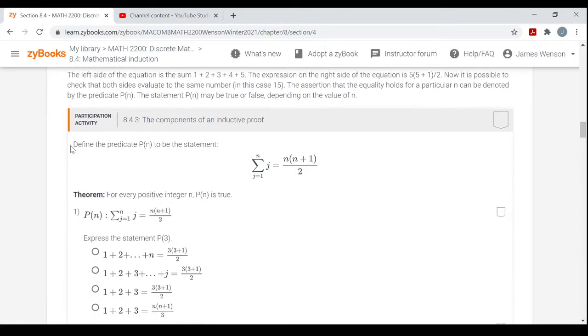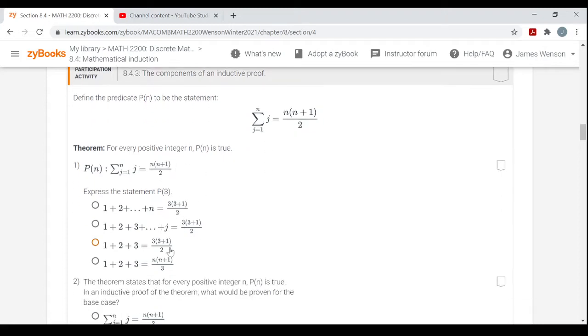All right, so we're defining the predicate P of n to be this statement. The theorem is for every positive integer n, right? So for all integers n greater than or equal to 1, this statement is true. We're trying to prove that. Now, again, we're not writing the proof yet.